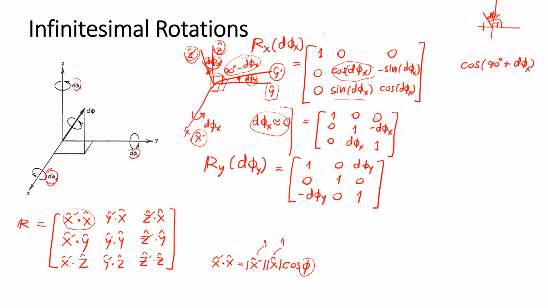What can we see from here? I want you to check what is the product of rotating about x, then rotate about y with the small angle.